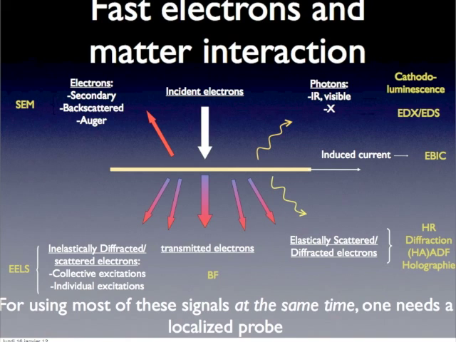Of course, you have other kinds of electrons that suffer some interaction. This one does not interact, basically, and these are all the electrons that have been elastically scattered or diffracted. It is with this kind of signal that you can do high resolution diffraction, of course. But also if you look at very high angle, as we will see, you can make a dark field image.